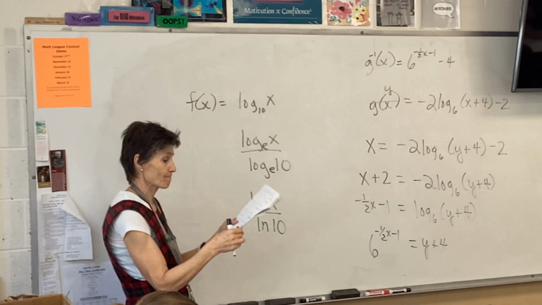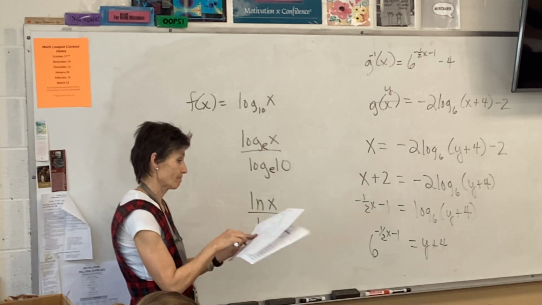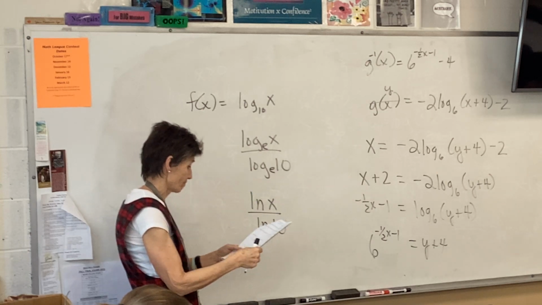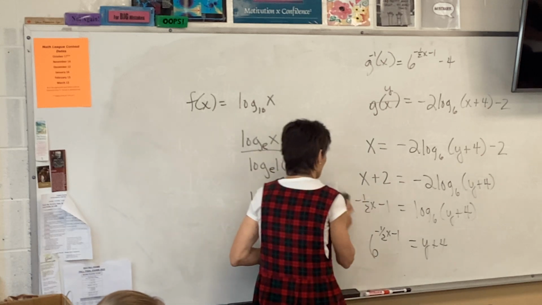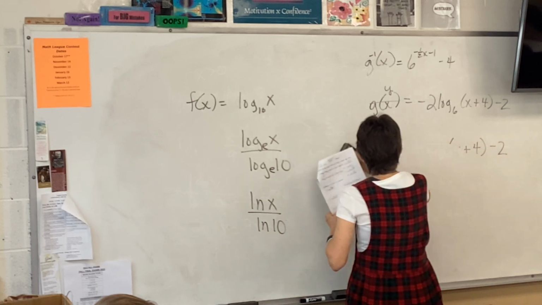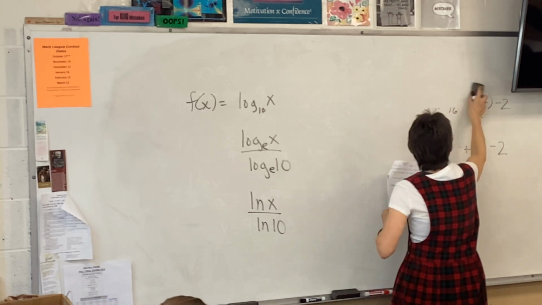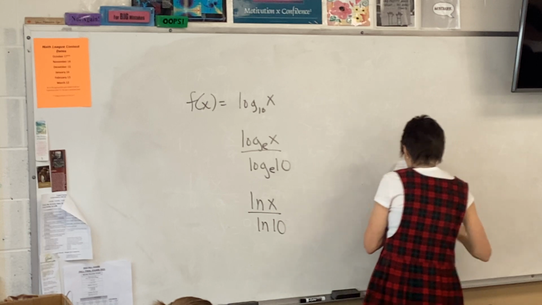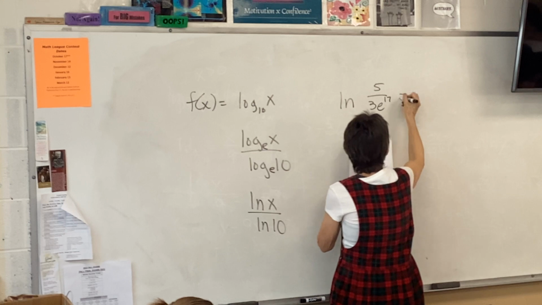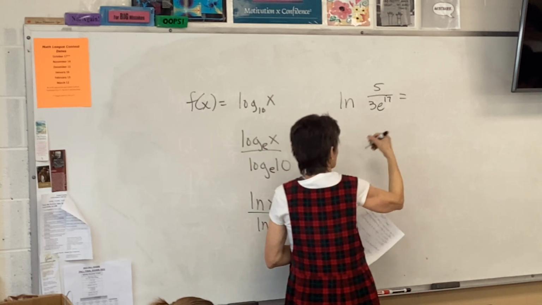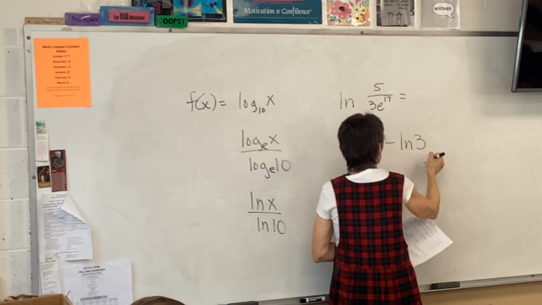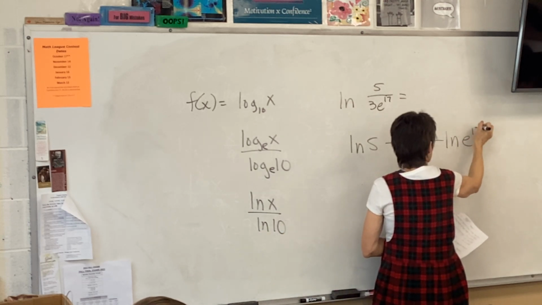Chris? 2.12, number 2c. We're just splitting up this expression into multiple logarithms. So just basically starting, I'm going to have ln 5 minus ln 3 minus ln e to the 17th.